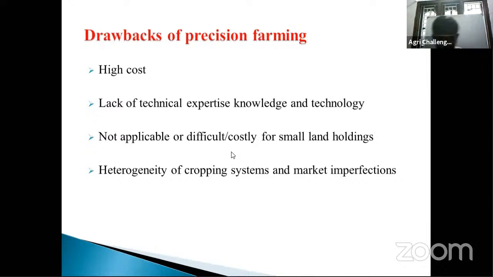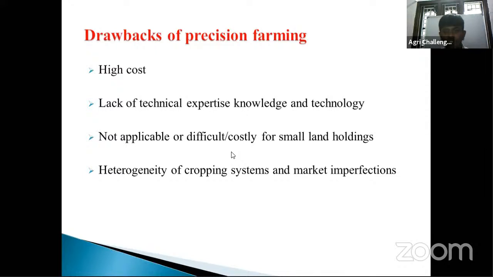Then heterogeneity of cropping systems and market imperfections. Heterogeneity: if you go to Australia or the US, there are 500 acres or more of a single crop, paddy or cotton. Here, my father had 2 acres, and after that myself and my brother divided it, 1 acre and 1 acre.